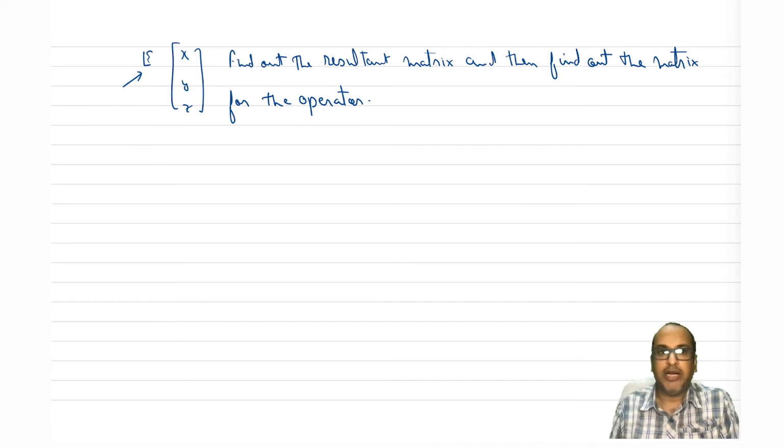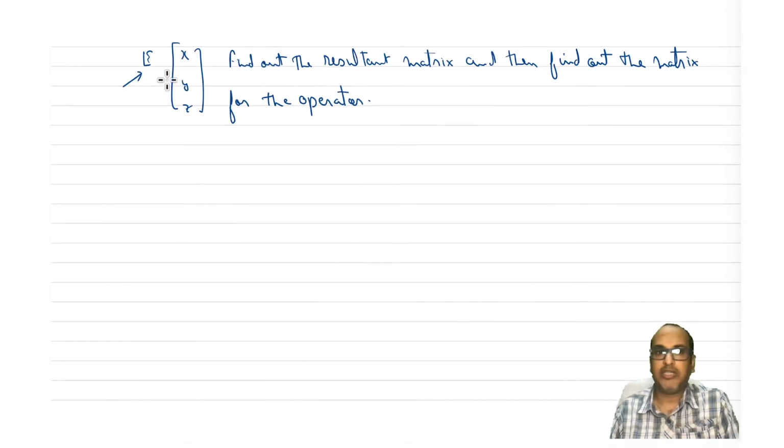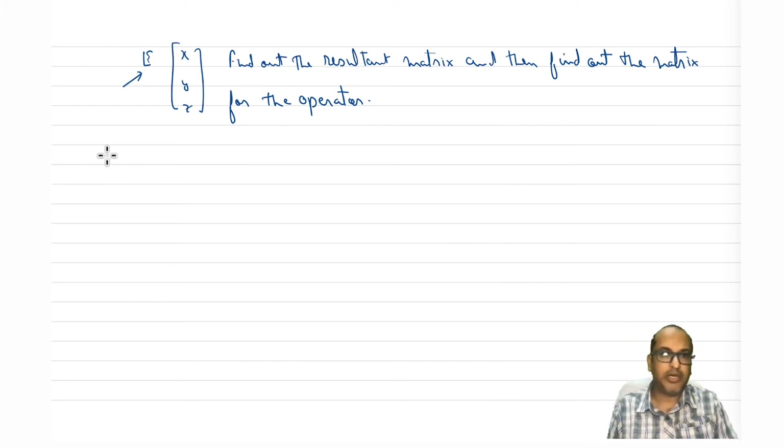So finding which unit vector is the basis for which particular IR representation is easy, and we have done that already. Now to find which binary product is the basis for which particular IR representation, it is a little tricky, and it's better if we take the various binary products as d orbitals.